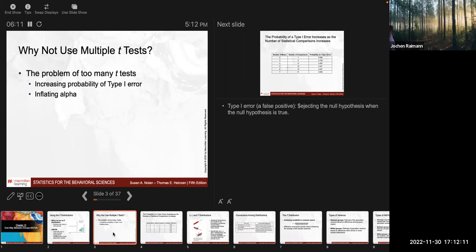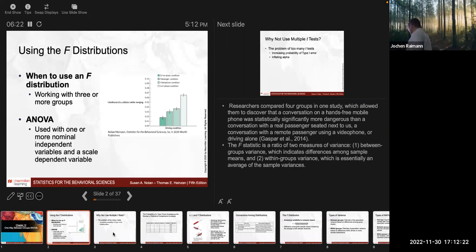That's our 5%. If you do that 4 times, or if you have multiple comparisons, if you compare each of these groups individually, so you have 1 comparison, 2 comparisons, 3 comparisons, then you have to compare this versus this and this. So it's multiple comparison. With each time, you accept a type 1 error risk of 5%.